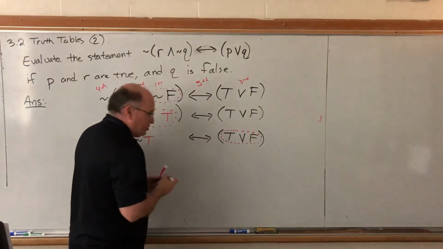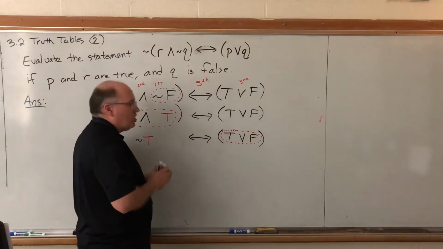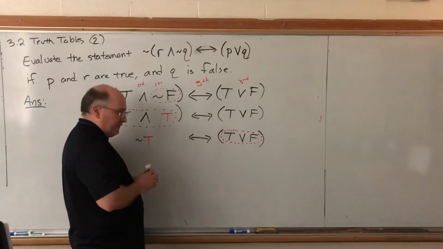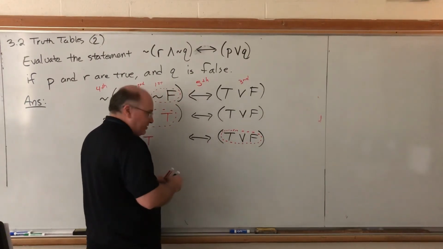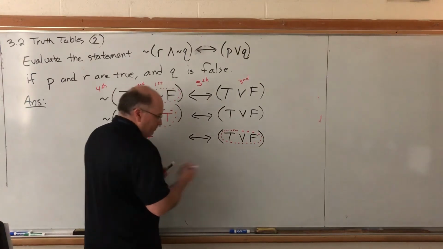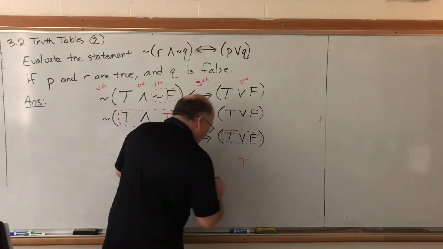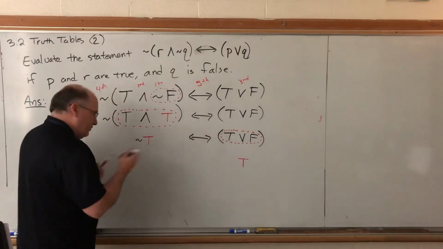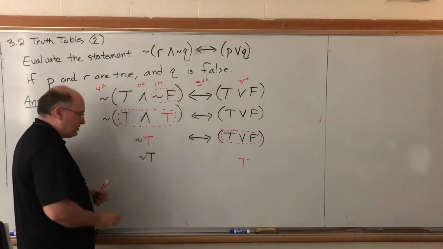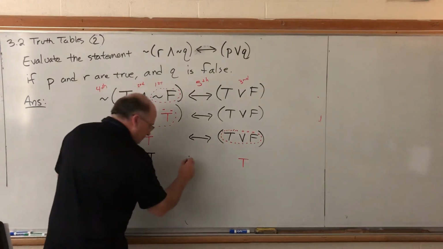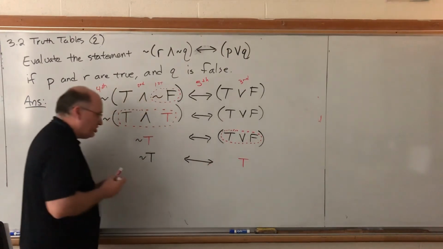The rule for disjunction is it's false only when all of it is false. This is not all false, which means the disjunction is not false. So it's true. Bring down everything else. The negation, this T, which I'm going to make black to emphasize that it didn't change, and the biconditional.